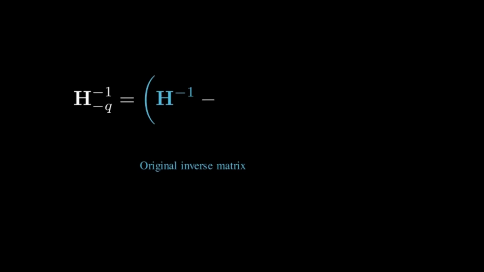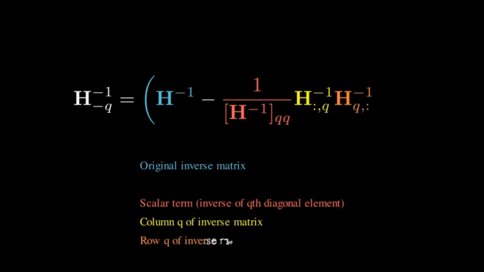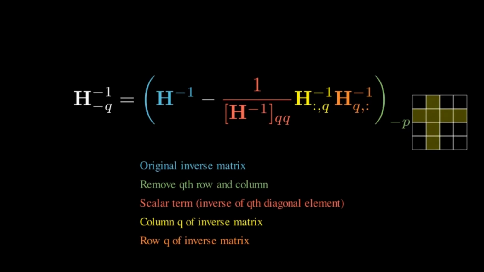So what you can do is use a step of what's called Gaussian elimination. Gaussian elimination is a technique for solving systems of linear equations, and you can just apply it in this case to basically remove the contribution of that row and column from the inverse Hessian directly in the inverse Hessian space.